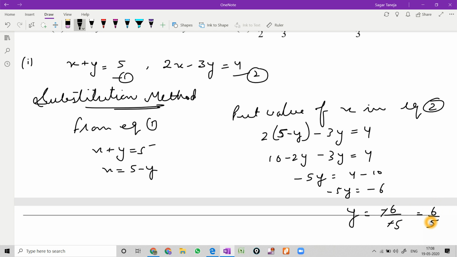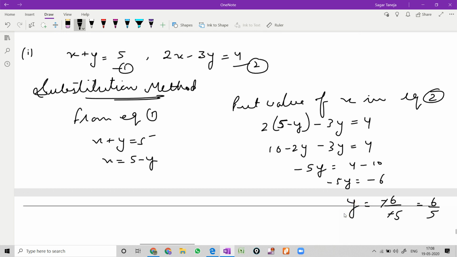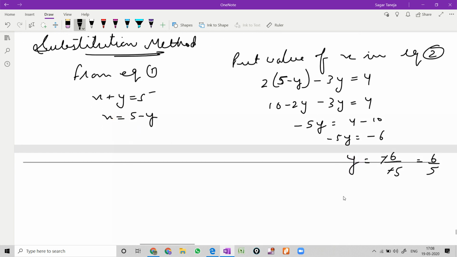This way we can solve this question. I hope you have understood. This is the same method we have used in the previous exercise. First of all we have taken out the value of y. Let us take out the value of x also. The value of x is 5 minus y.